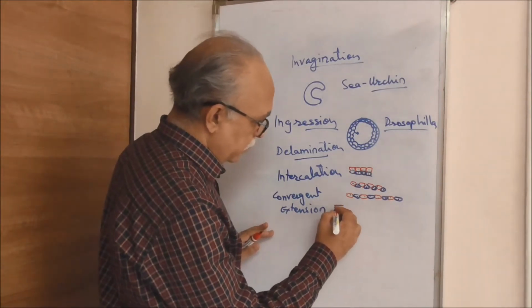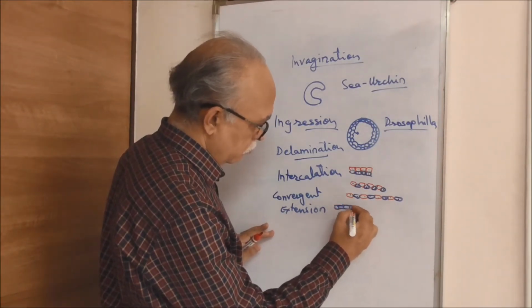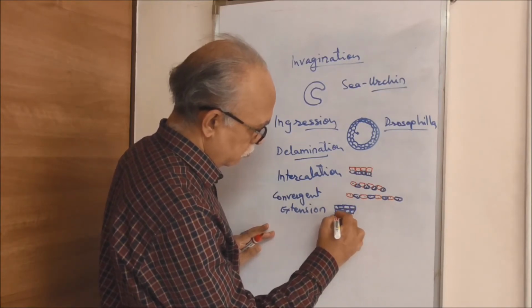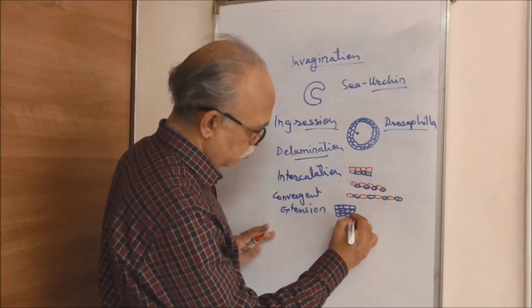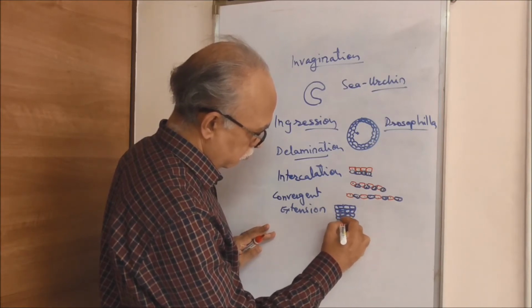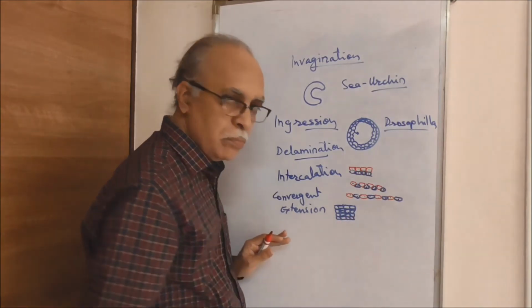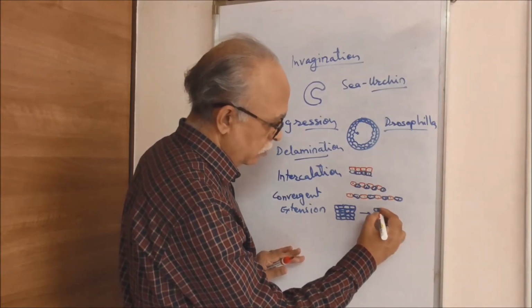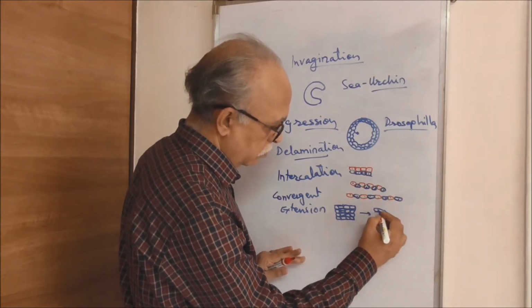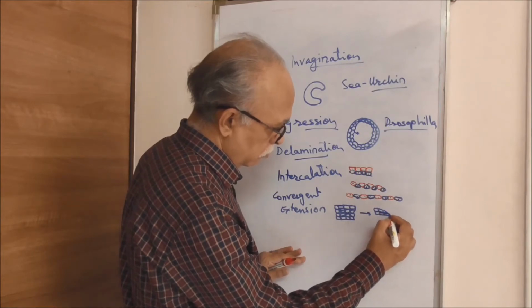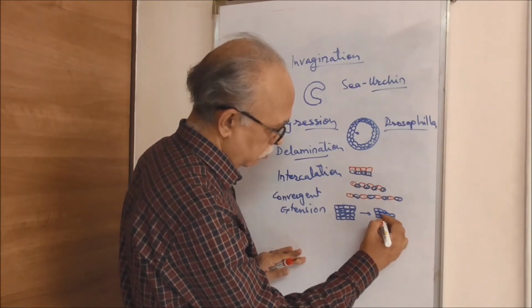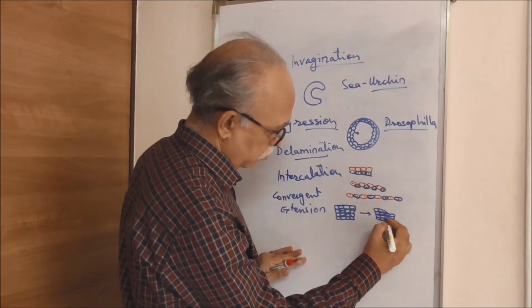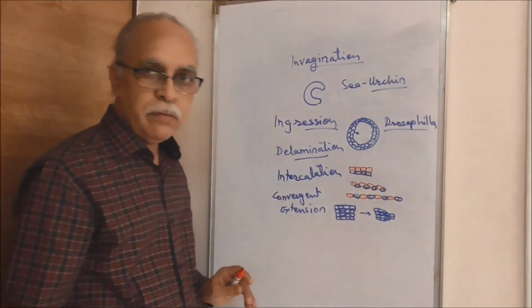Wherein suppose if there are four layers, they would transform themselves such that these cells have an increase in length.